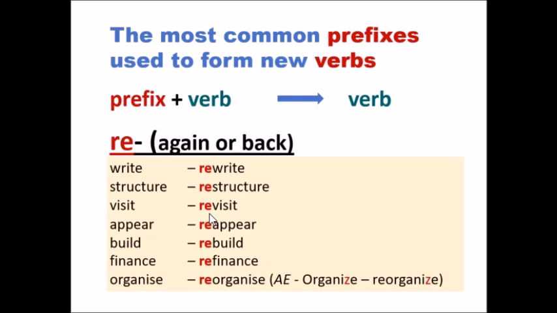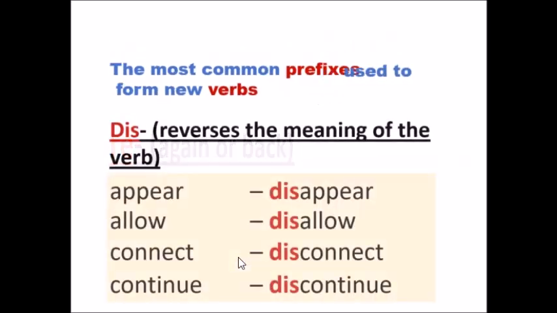Visit, revisit. Appear, reappear. Build, rebuild. Finance, refinance. Organize, reorganize. What we have done, we have added the verb prefix re to all these verbs and we have made some other verbs by adding a prefix.